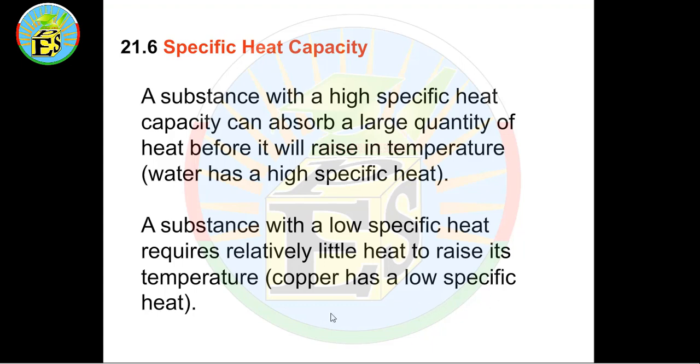So if we have 1 kilogram or 1 gram of copper, and we want to raise its temperature by 3 or 4 degrees, we will use little heat energy. But if we need to raise 3 or 4 grams of water by 2 or 3 degrees, it will need more heat energy.